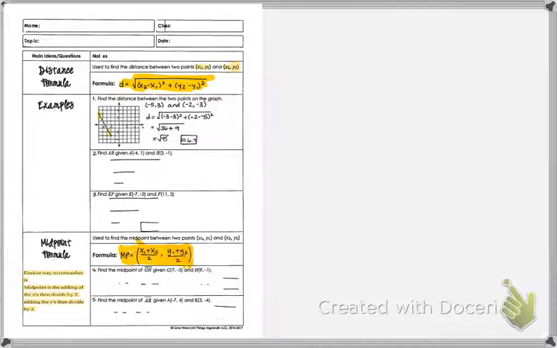I am going to expect you to know this formula backwards and forwards because we will be using it a lot. So before we get to the distance formula, I do need you to remember what a coordinate is. A coordinate is anywhere on the coordinate system, and it involves the variables x and y.